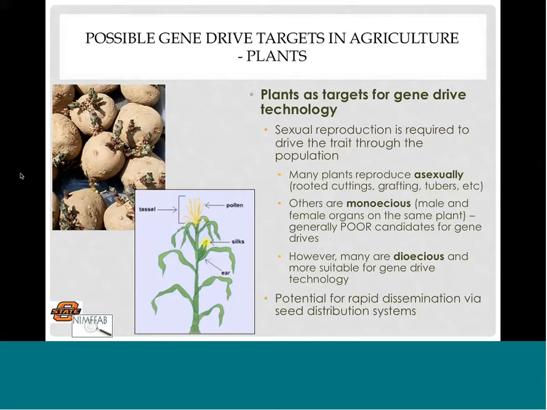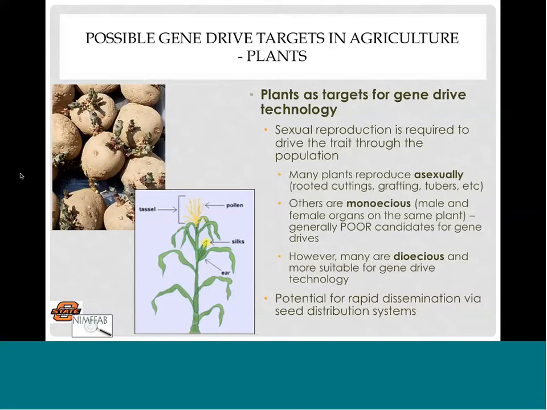Other asexual means of plant reproduction are by grafting or tubers or root systems that spread and then sprout new plants. Other plants are monoecious, which means the male and female organs are on the same plant. And these are generally poor candidates for gene drives because of the lack of movement through the population.